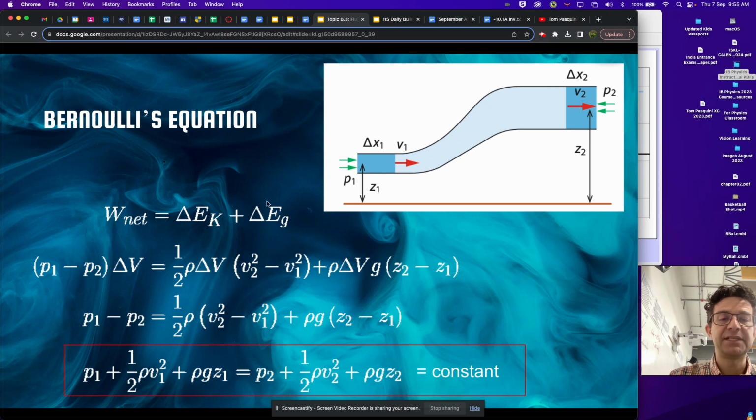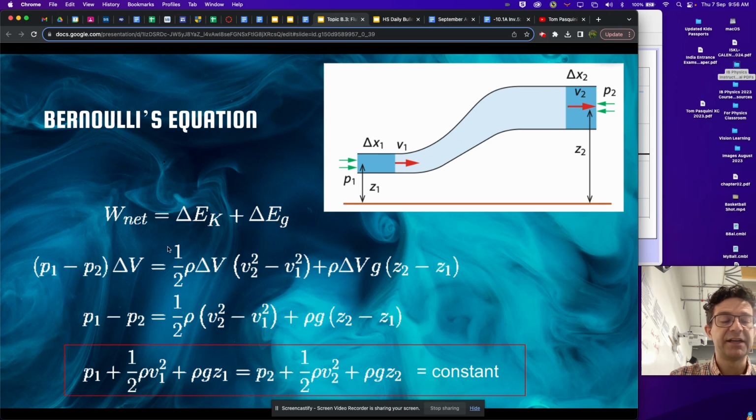And then the change in potential energy associated with gravity just is this mass being moved up by a height h. The mass is density times volume, g, and then h is z2 minus z1, whatever the difference in height is.